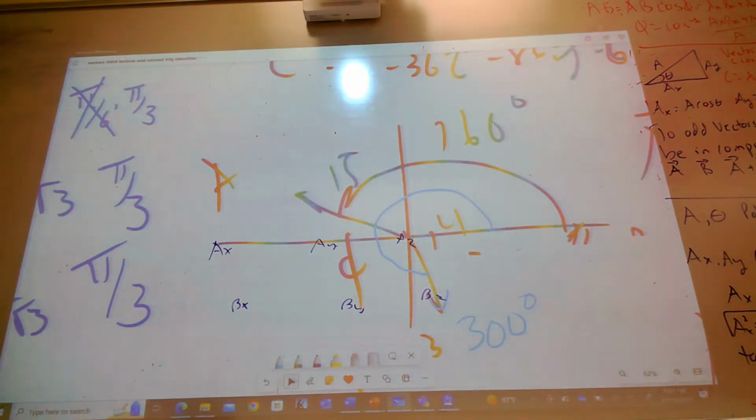So you're going the magnitude of A times the magnitude of B times the sine of phi. Just figure out what phi is. I drew phi in the picture for you. So A goes to 160, B goes to 300. You can figure out what phi is.